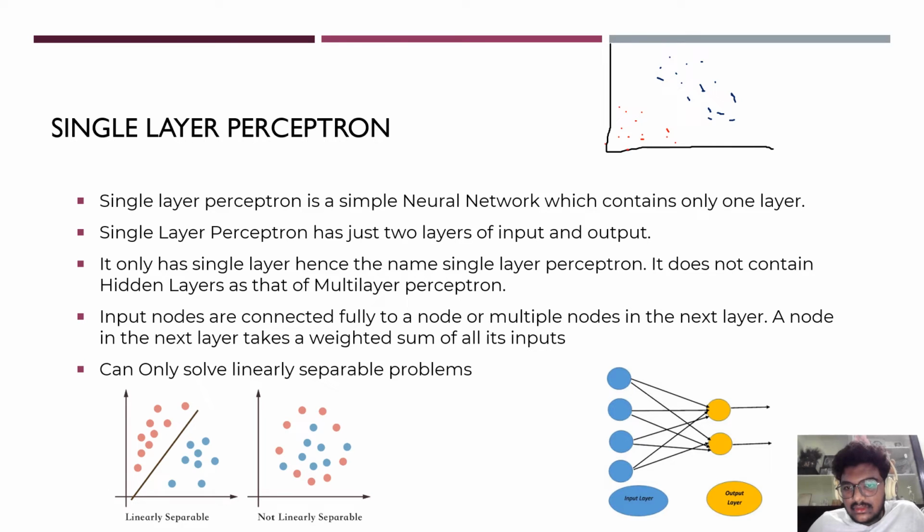I can draw a line between those, and say that above this line the output is of type A, and below this line the output is of type B. As we are separating these two data with a single line, we call this a linearly separable problem.